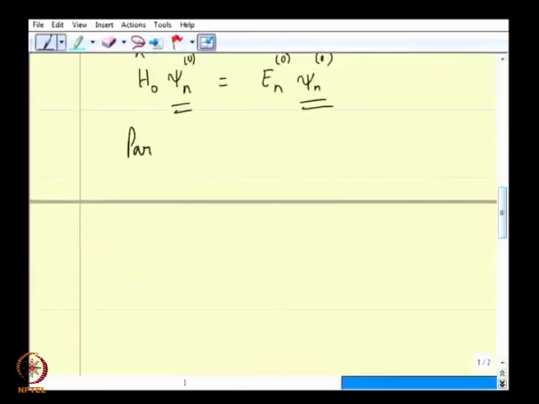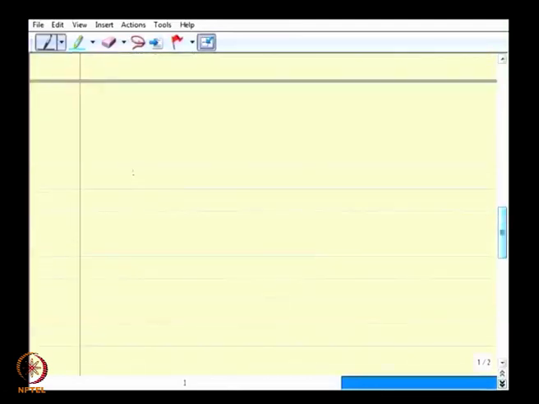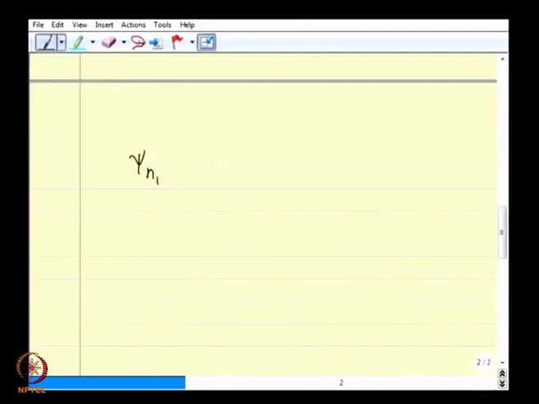Particle in a 2D box. If you remember, psi n1 n2 of x, y, the two coordinates of the particle in a box. If we assume the square box, then things are simpler.